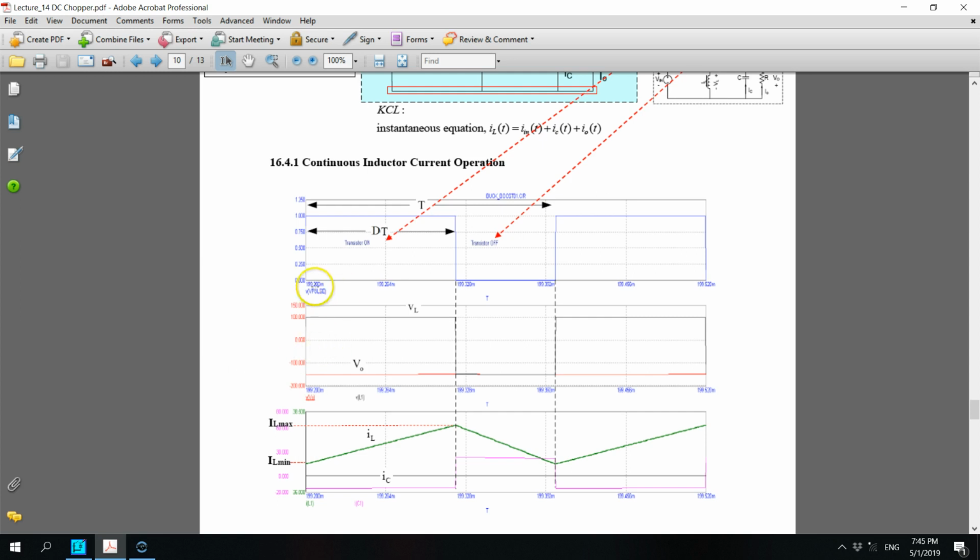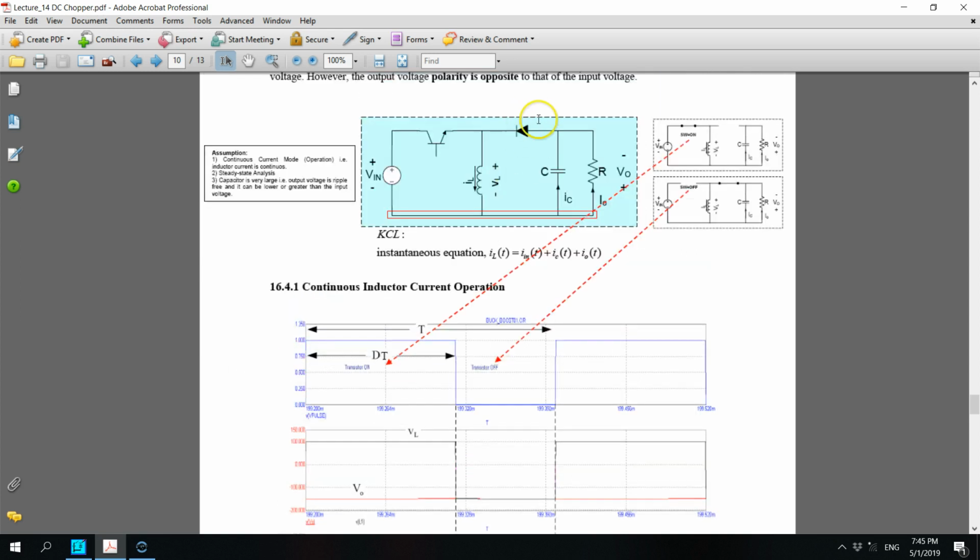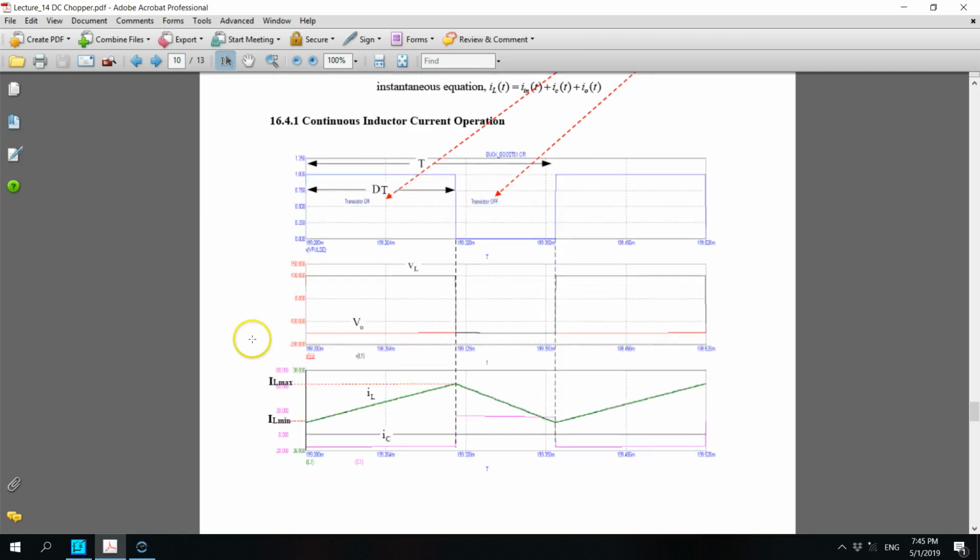That's why you see it increase linearly from IL min to IL max: the positive voltage V in impressed across the inductor causes the current to rise linearly.